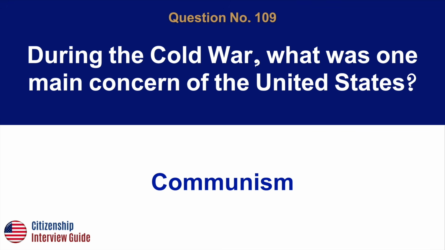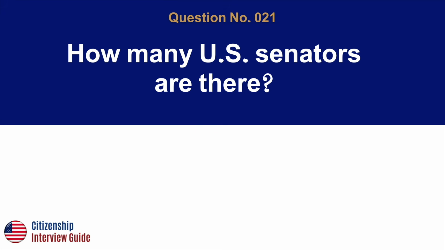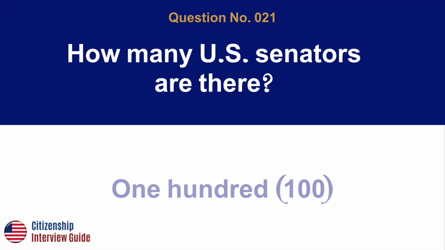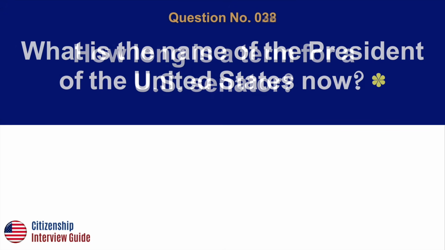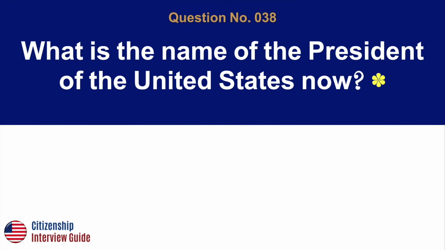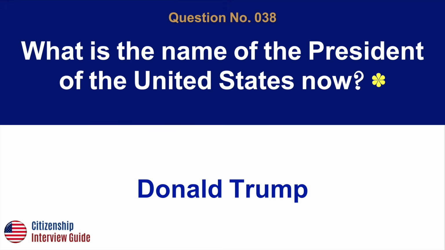Communism. How many U.S. senators are there? 100. What is the name of the President of the United States now? Donald Trump.